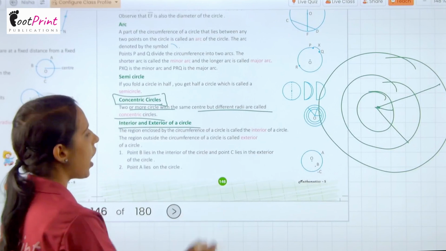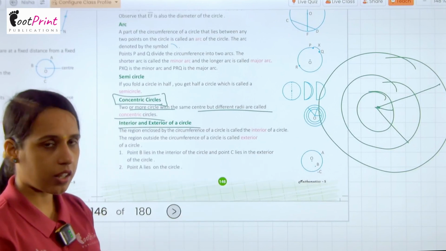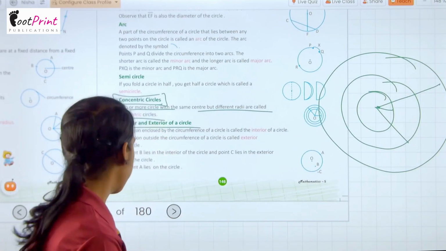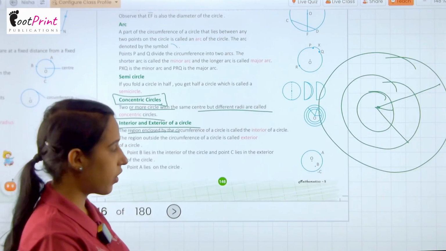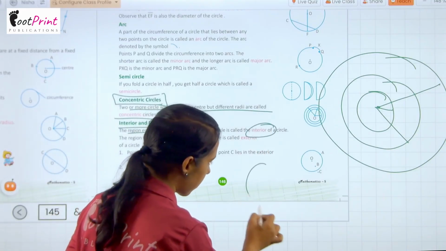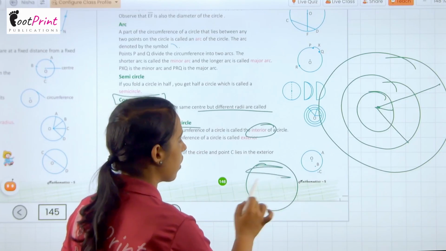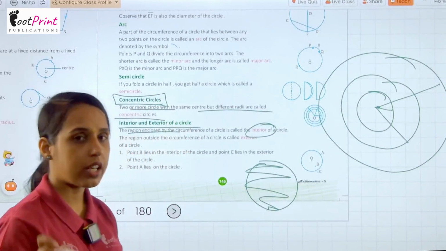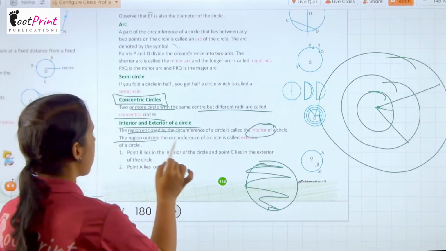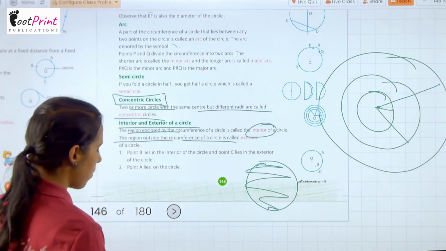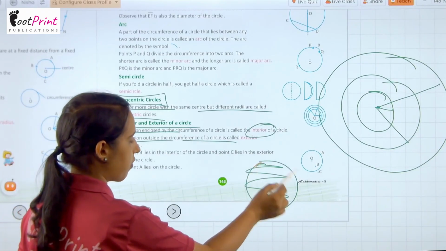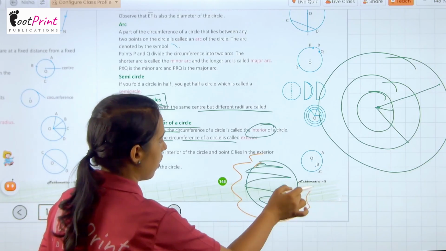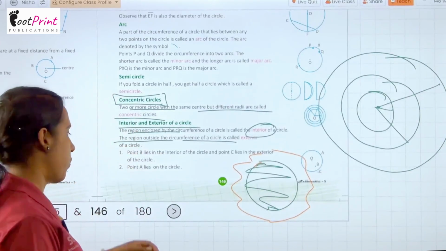Now interior and exterior. Interior means inside and exterior means outside. Okay, so the region enclosed by the circumference of a circle is called interior of the circle. The area inside the circumference of the circle, that is called interior of the circle, and the region outside the circumference is called exterior of the circle. So the area outside the circumference of the circle, that one is called exterior of the circle.